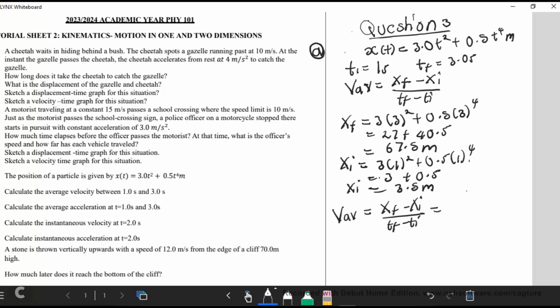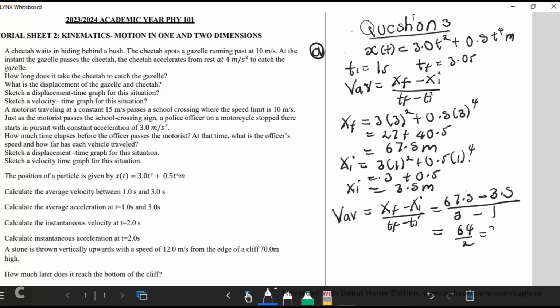The final displacement is 67.5 minus the initial displacement, 3.5, over the time, which is final 3 minus 1, such that when you subtract here, you end up with 64 over 2.